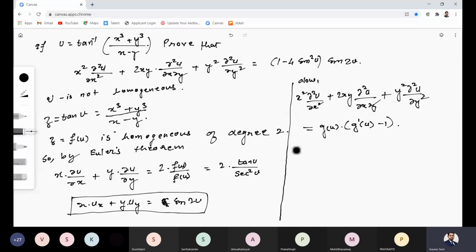What is our g of u? Where g of u is equal to n into f of u upon f dash of u. In this example, n into f of u upon f dash of u is nothing but sine 2u. Put the values. Sine 2u, derivative of sine 2u is 2 times cos 2u, minus 1.